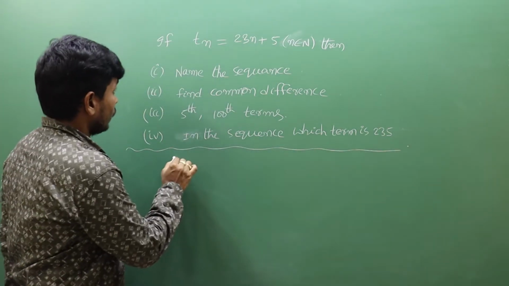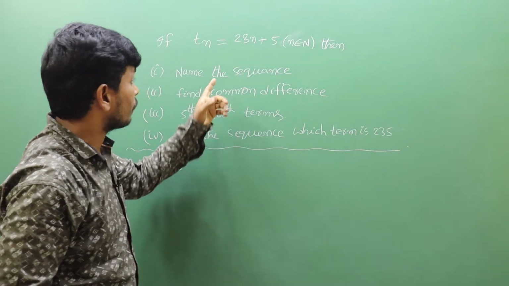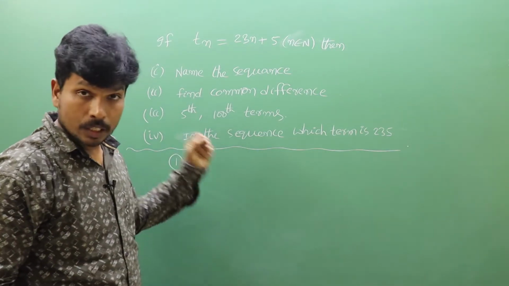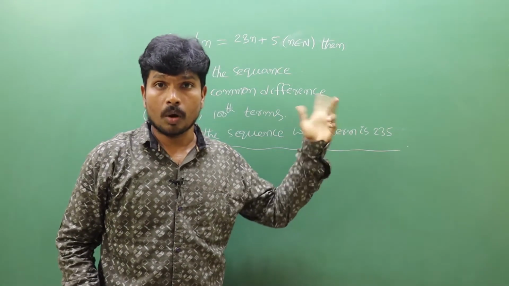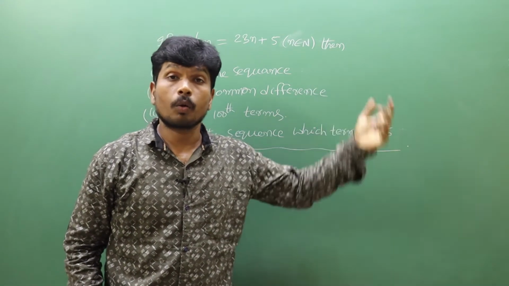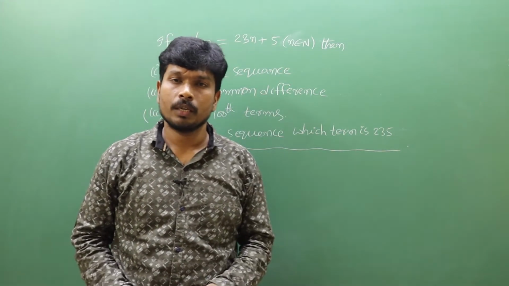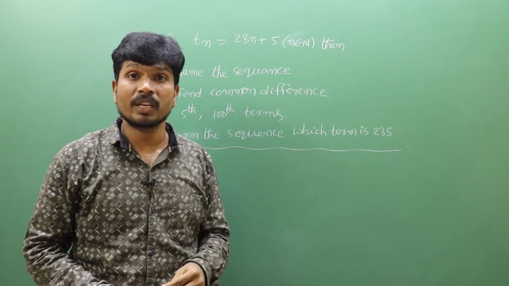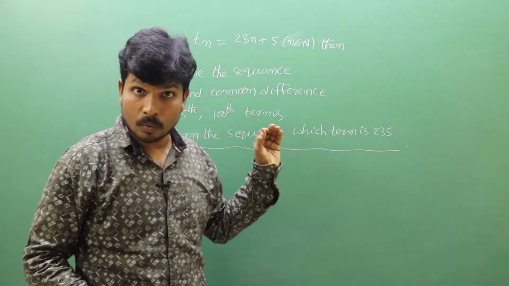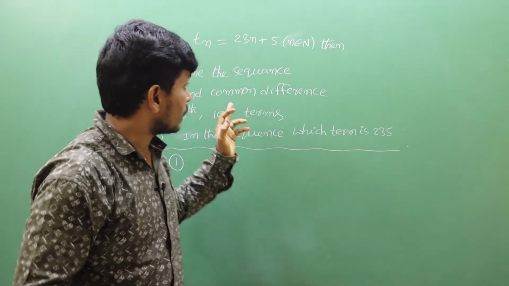The first question's answer: name the sequence, whether it is arithmetic progression or geometric progression or harmonic progression or arithmetico-geometric progression. So there are several kinds of progressions. We are discussing arithmetic progression now, whether it is an AP or not.